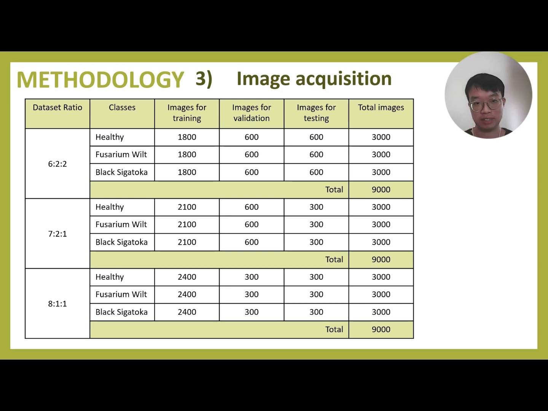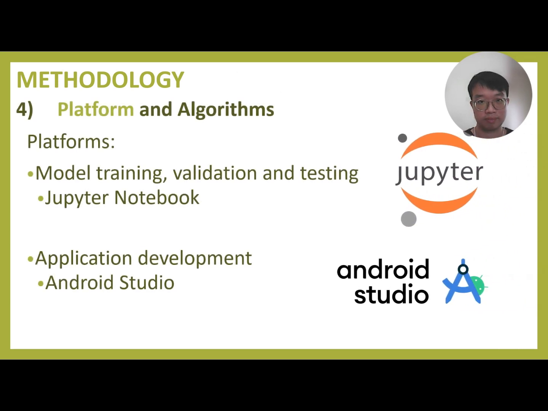For the dataset ratio, there are three different ratios, which are 622, 721, and 811. As shown in the table, the data in training, validation, and testing vary in each dataset ratio. For platforms, the model will be trained, validated, and tested on Jupyter Notebook, and the application will be developed on Android Studio.